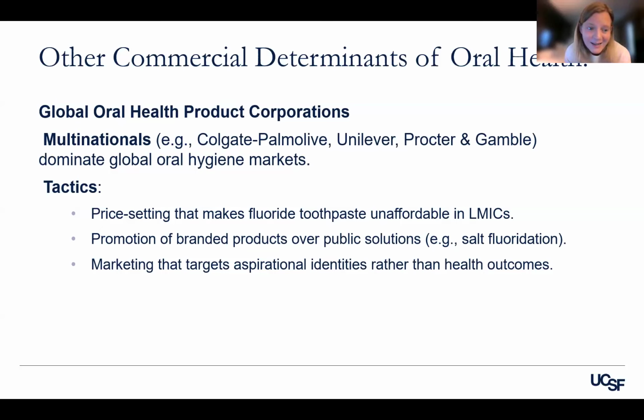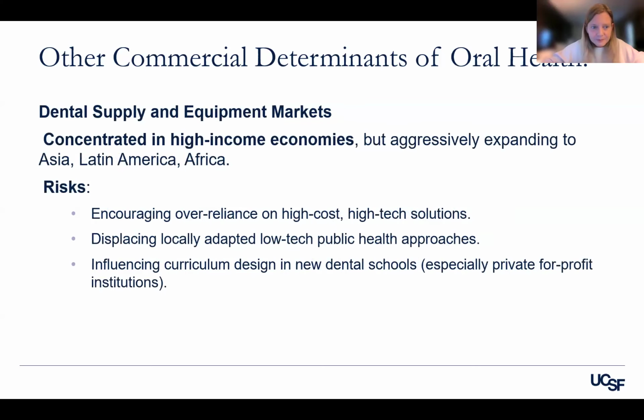And what are some of their tactics? Well, are they price setting, making fluoride toothpaste unaffordable in low and middle income countries? They're promoting branded products over public solutions. Their marketing is targeting aspirational identities like beauty ideals rather than health outcomes.